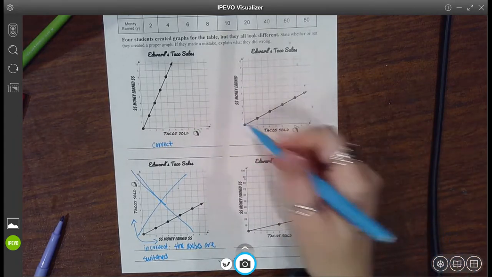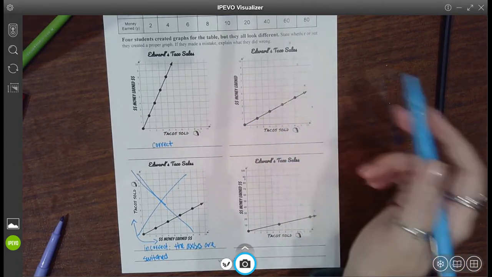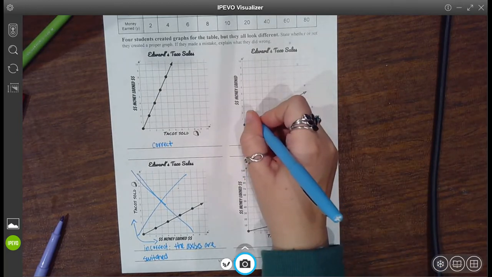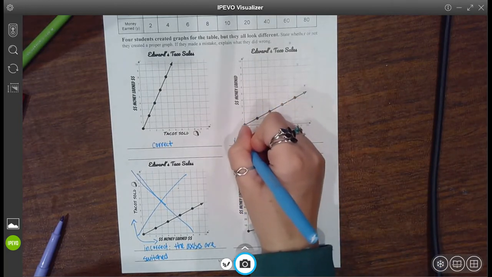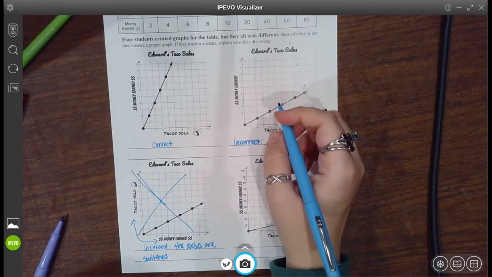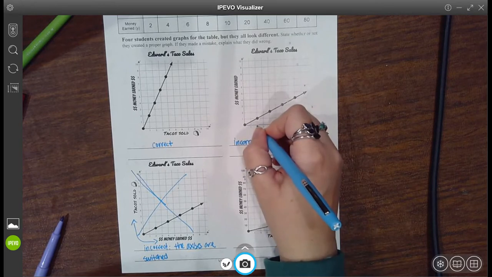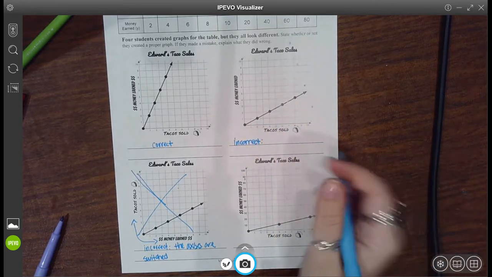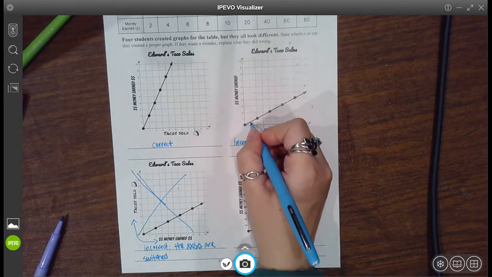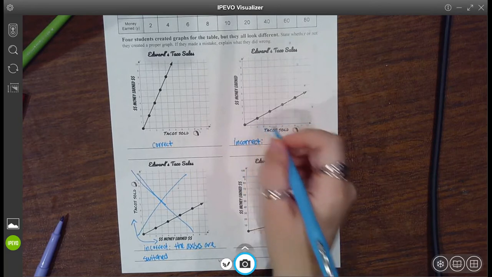Okay, this one, we already checked that the axes were labeled correctly. Let's see if they did their points right. Over 1 up 2. Nope. Incorrect. I wonder, instead of 1, 2, did they do 2, 1? Over 2, up 1. Yep. So the reason they're wrong is instead of going over 1, up 2, they flipped it and did over 2, up 1.